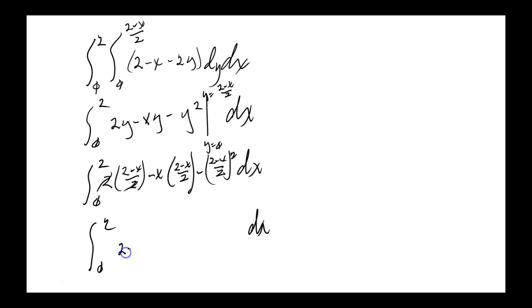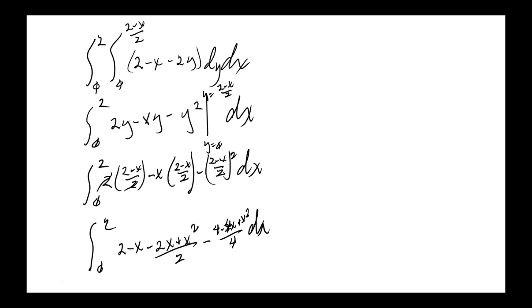And this will be a 2 minus x minus 2x plus x squared over 2 minus 4 minus 4x plus x squared over 4.